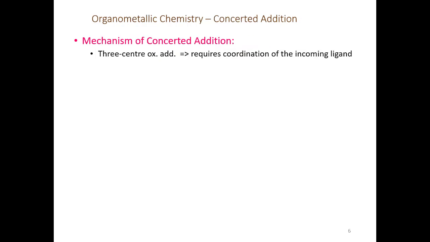So the mechanism of concerted addition requires the coordination of that AB oxidative addition substrate initially, and then you form a three-centered transition state where you form the new metal ligand bonds and break that AB bond.